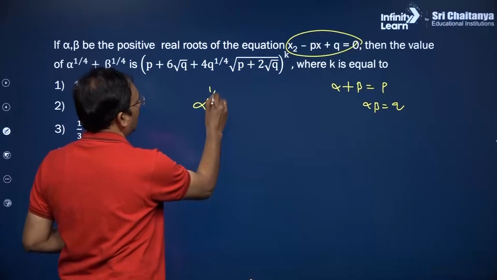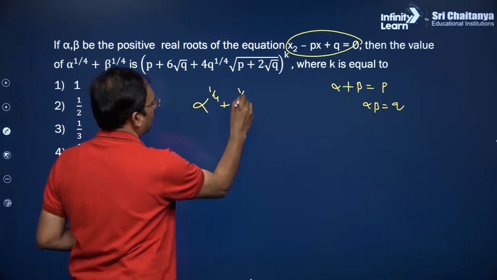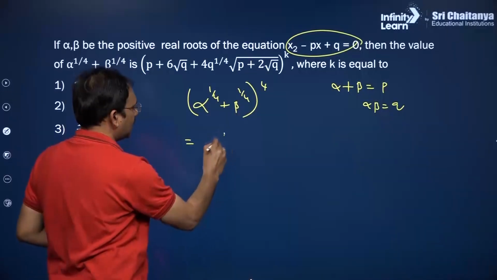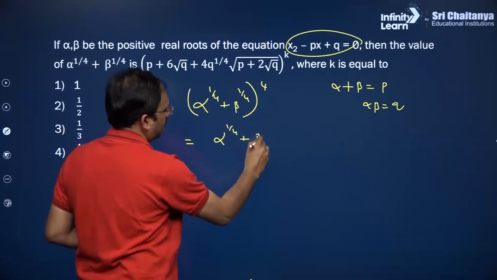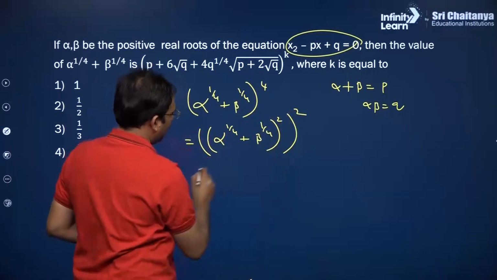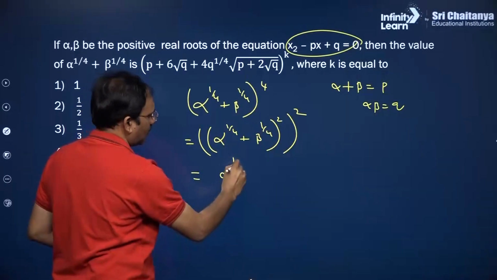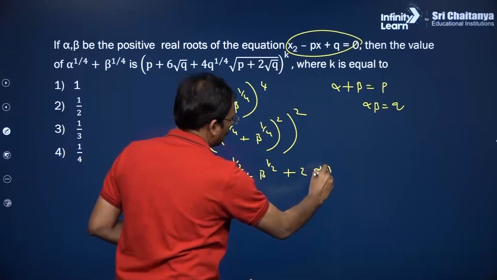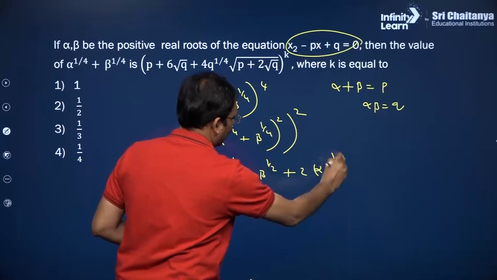So just consider alpha power 1 by 4 plus beta power 1 by 4, whole power 4, which, my dear friends, you can write as alpha power 1 by 4 plus beta power 1 by 4, whole square, whole square. Which is again a square plus b square plus 2ab, that is 2 alpha beta power 1 by 4, whole square.